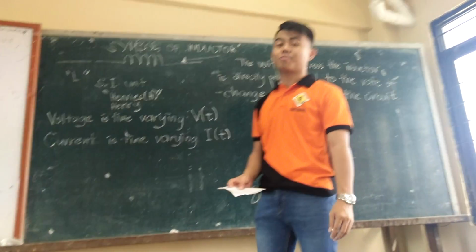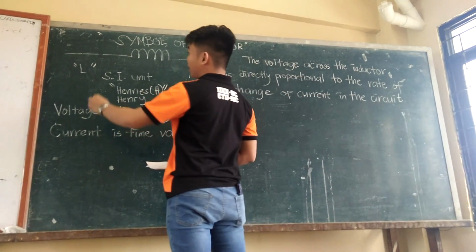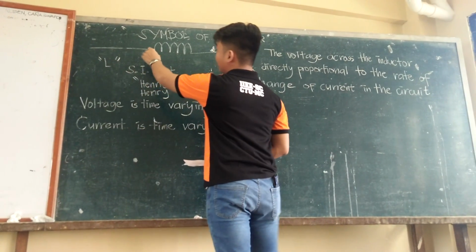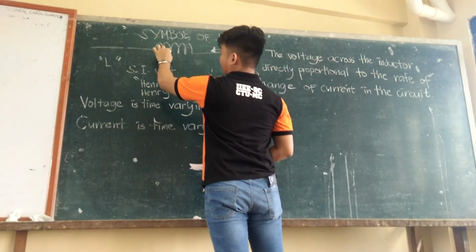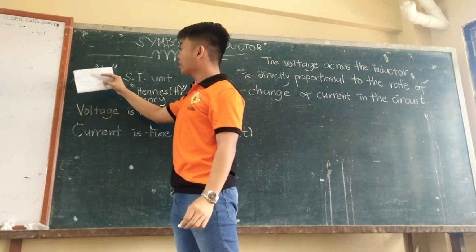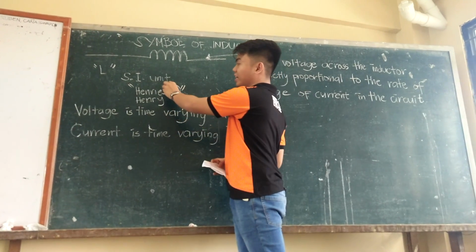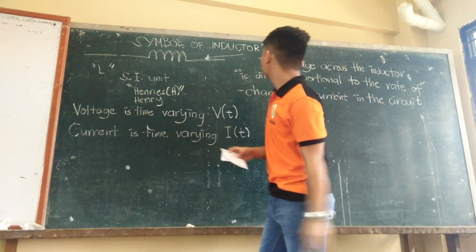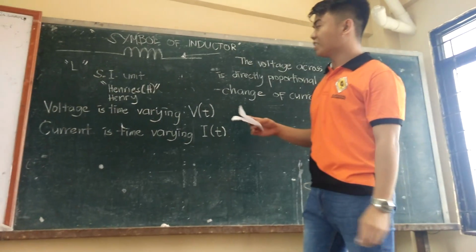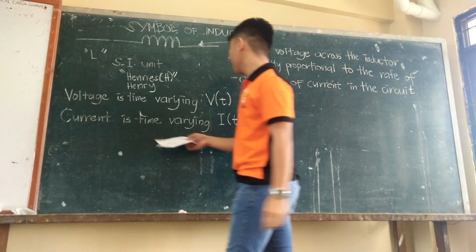Now we will discuss inductors in series and parallel. The inductor is represented by the symbol like this, denoted by the symbol L, and the SI unit for inductance is the Henry, or H. Voltage is time varying in the inductor, and also current is time varying.